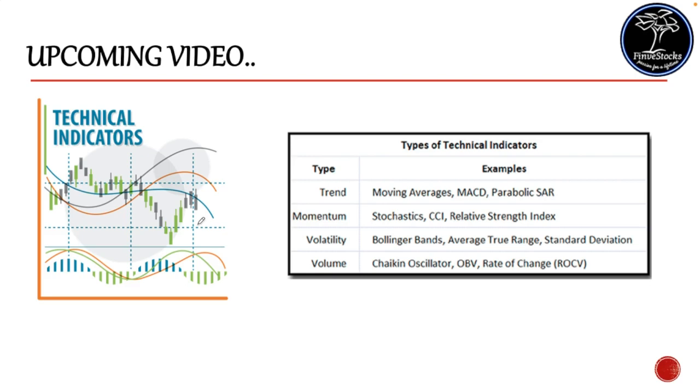In the upcoming videos, we will see trend type indicators like moving average, MACD, momentum indicators such as relative strength index, that is RSI, CCI, stochastics, volatility type indicators such as Bollinger Band, ATR, standard deviation, and volume related technical indicators such as OBV, etc.